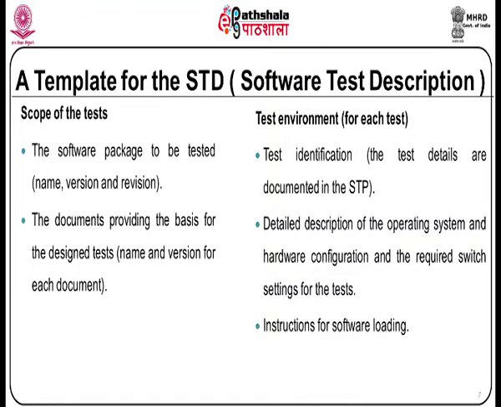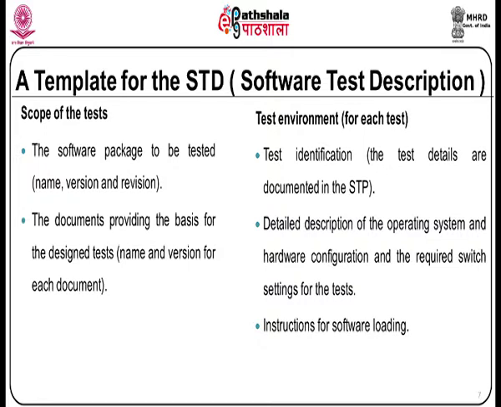A template for software test description: scope of the test, the software package to be tested, name, version and revision, the documents providing the basis for the design test, name and version for each document, test environment for each test, test identification.